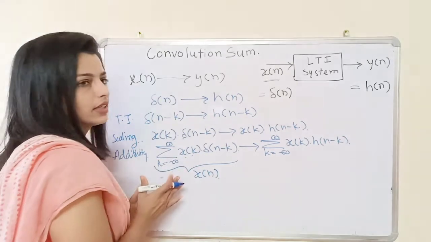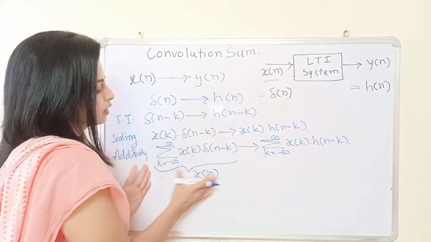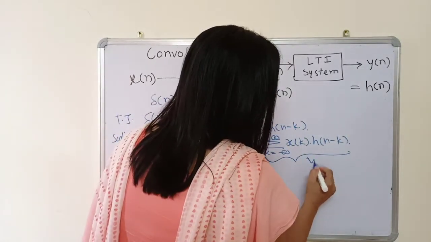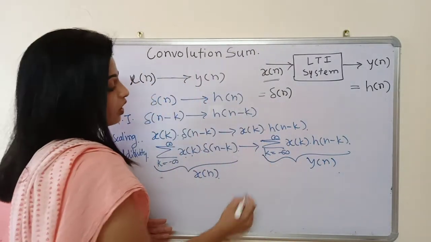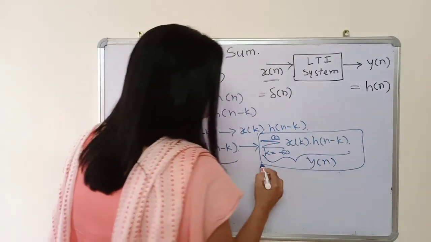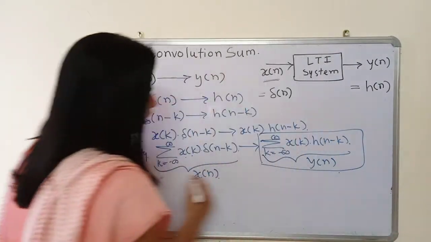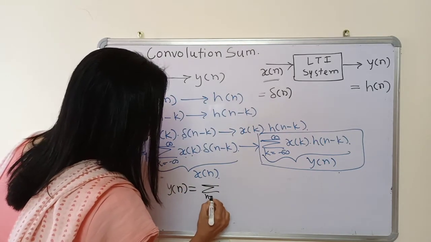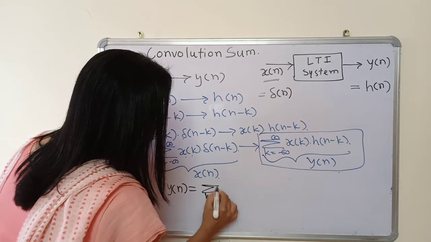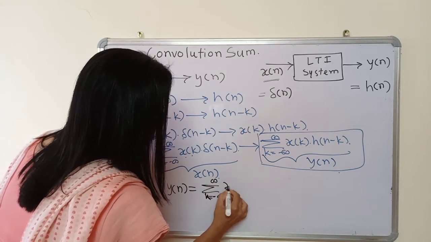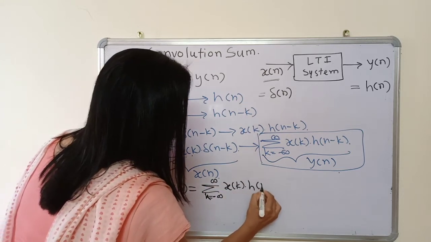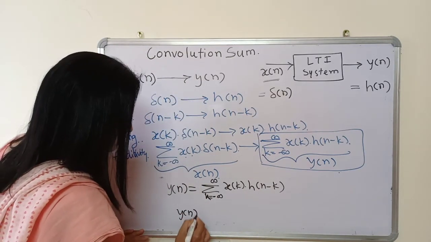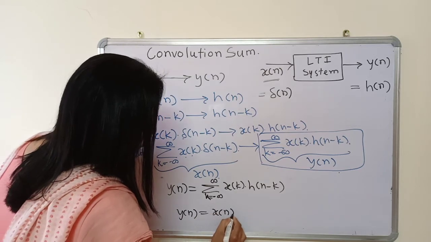If this side is x of n, then the other side is obviously y of n. So here is how we get the formula for y of n: y of n is equal to the summation, k varying from minus infinity to infinity, of x of k h of n minus k.